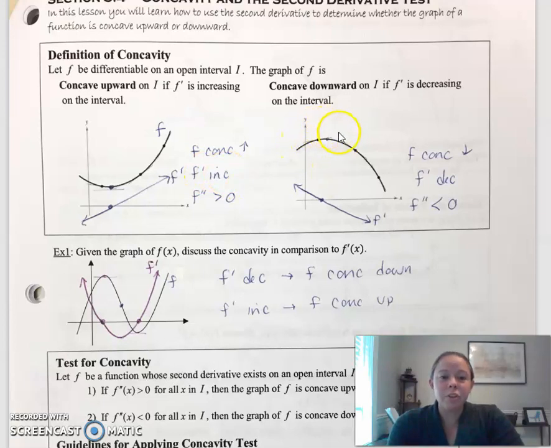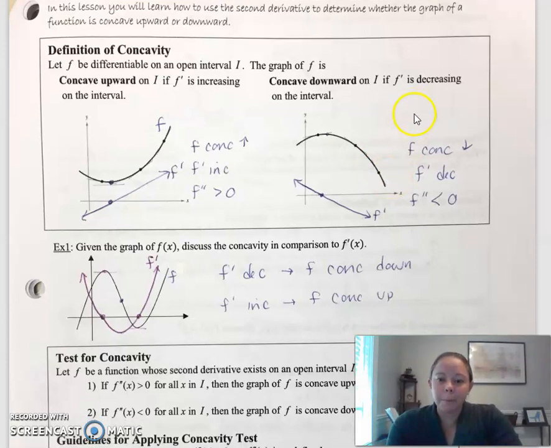And then over here where the function's concave down, the slopes of your tangent lines are positive until you reach the point where you have a horizontal tangent, and then your slopes are negative. And notice where your derivative is decreasing, your original function's concave down. So make some flashcards to help you keep those relationships straight.